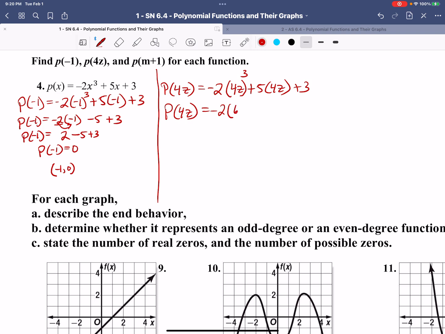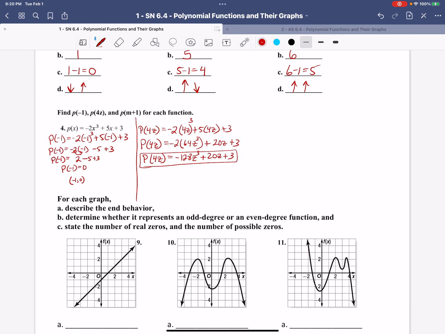So that is 64z cubed. And 5 times 4z is 20z plus 3. So our final answer then is going to be negative 128z cubed plus 20z plus 3.